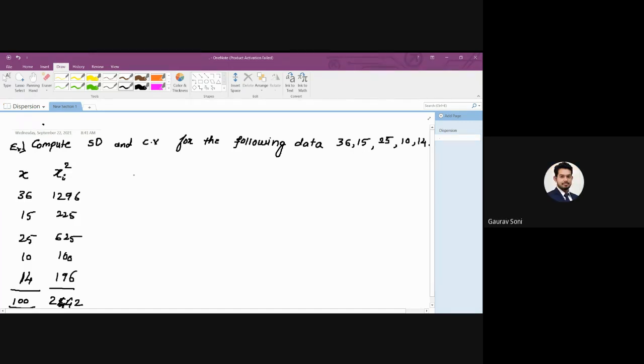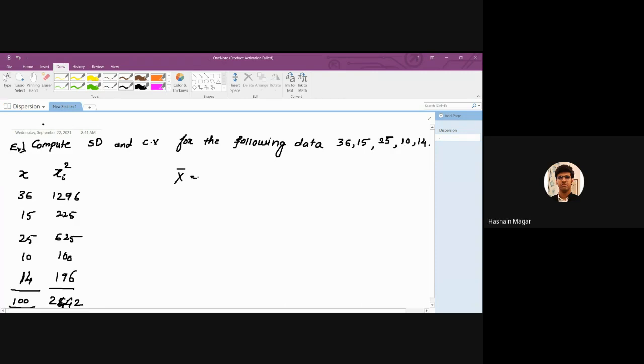There is the summation, but you will have to learn how to use it. I don't have the calci, that's why I cannot explain it step by step. But if it is a theory exam, then of course you will have to go by this way, because in that you will have to show the steps, right?